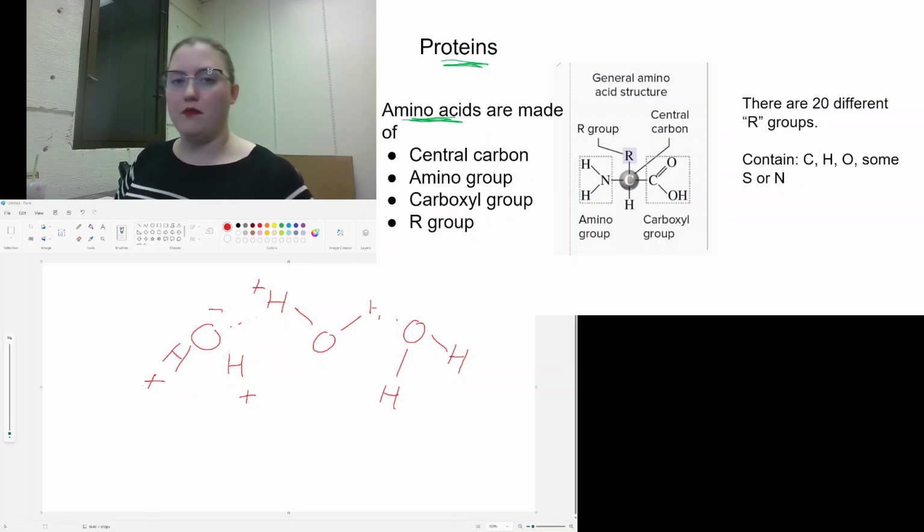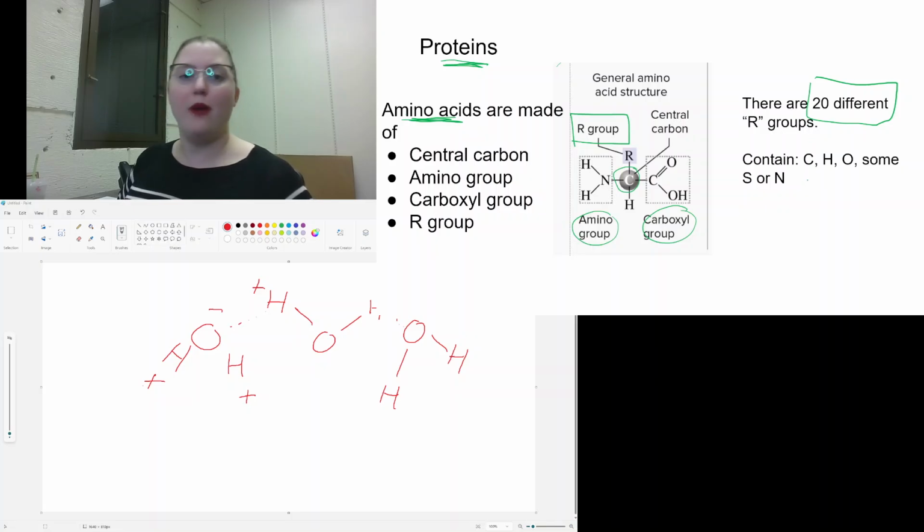Amino acids are made up of the same configuration. We've got a central carbon. On one side, we have an amino group. On the other side, we have a carboxyl group. Amino group, carboxyl group, and then an R group. This R group is where we see variation. There are about 20 different R groups, and you may know these as the different amino acids.